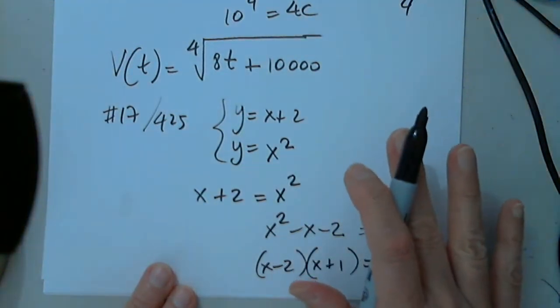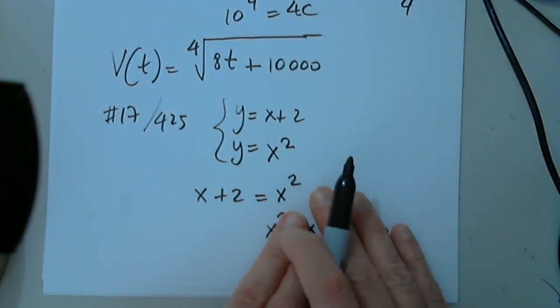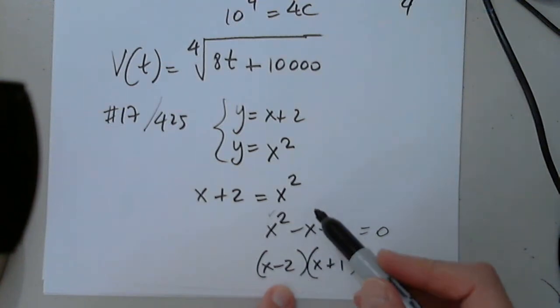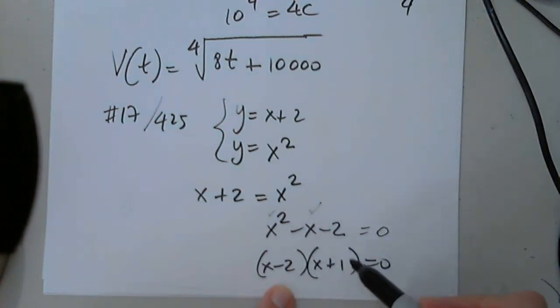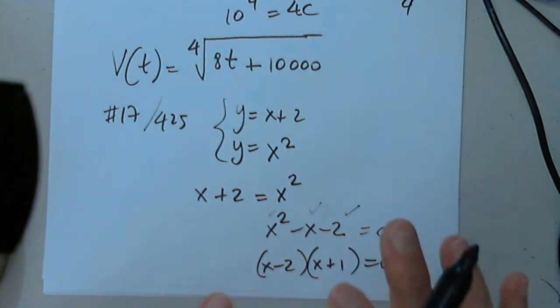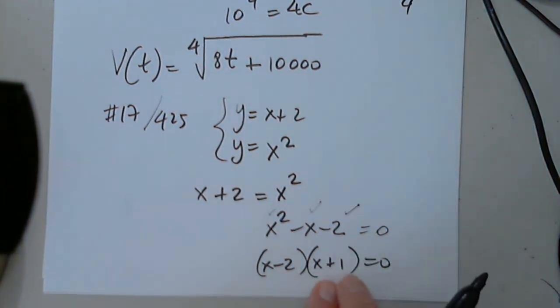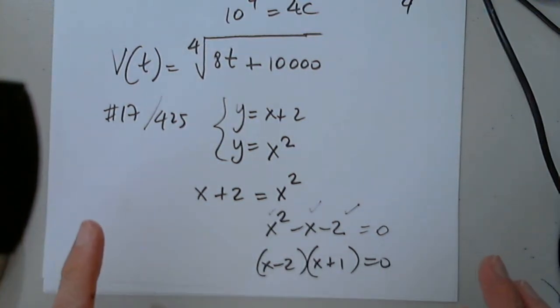Always take a moment. I know it's very simple to do this, but take a moment and check. X times x, correct. X positive 1 minus 2, yes. Negative 2 times 1, yes. It will only take a blink because it's very easy to make the mistake and put plus here and minus here by mistake, right? Accidentally, and then the whole thing collapses and you're not going to be able to graph.